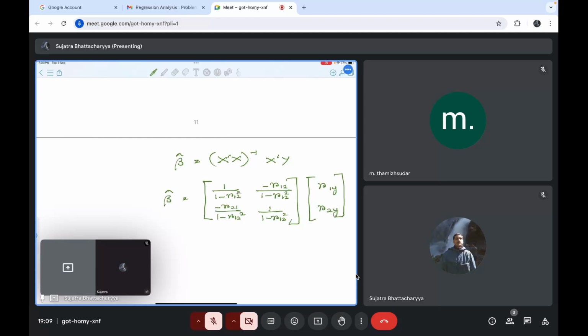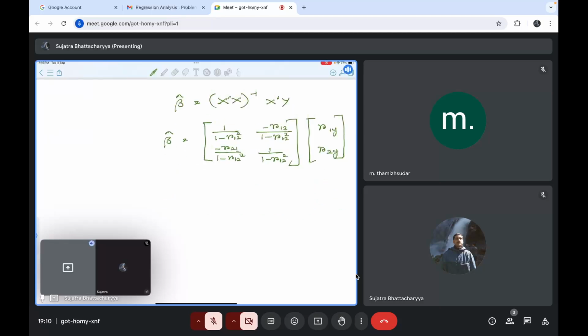Okay. That's all. And from the same multiple linear regression model, we have the variance of beta hat j, a particular beta. The variance is sigma square times the jj element of X prime X inverse.